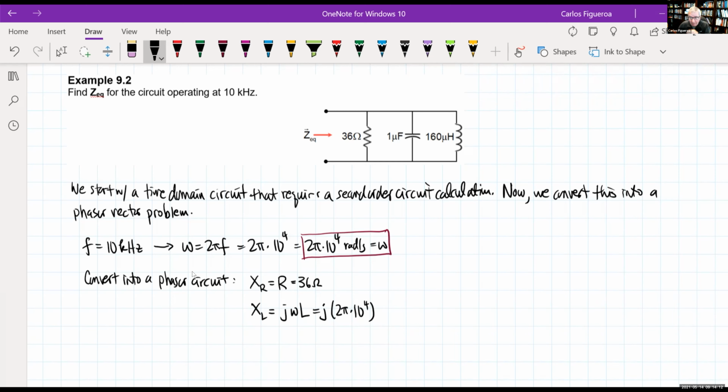Excuse me. And if you look at L, you could see that L is 160 times 10 to the negative 6.